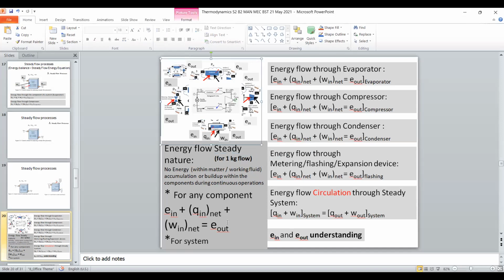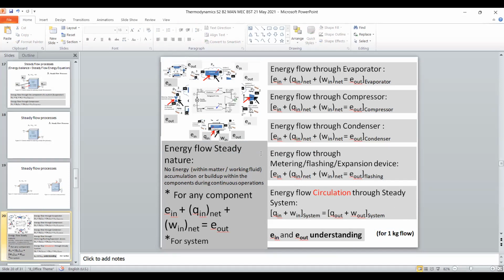For 1 kg, small e, small q, small w, consider for 1 kg means specific values. Put it here.